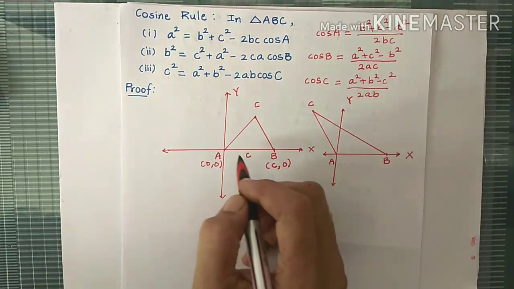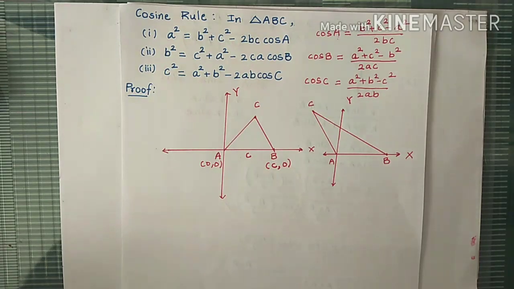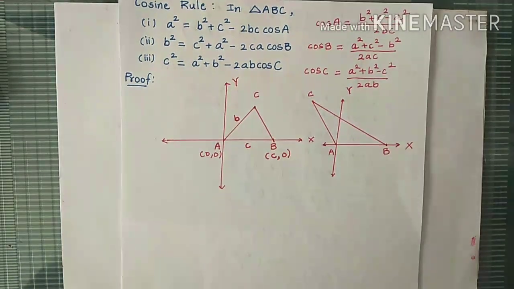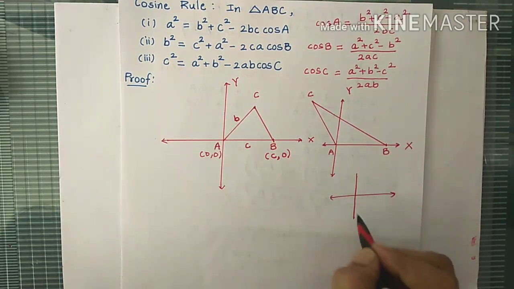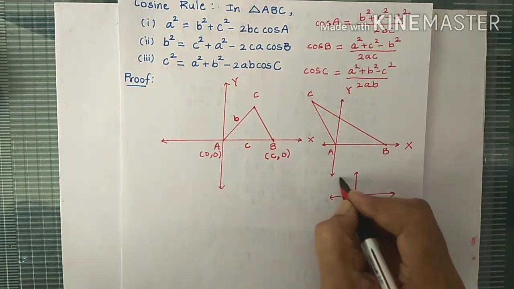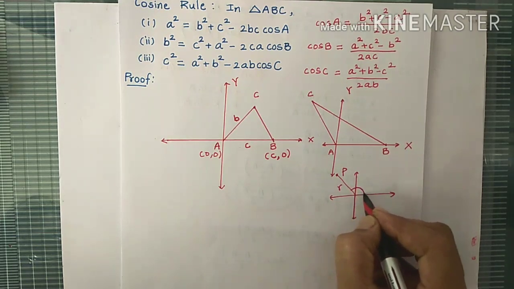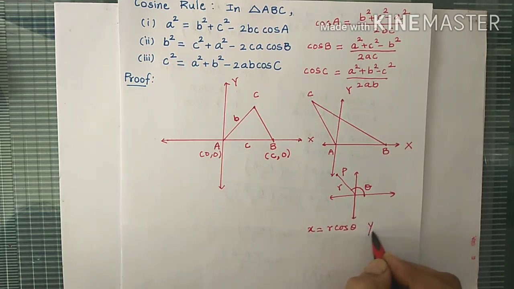Now here angle A is in standard position, so we can use polar coordinates. Length AC is b. So let's use polar coordinates. What are polar coordinates? If we have length OP equal to r, and this angle is theta, then x is equal to r cos theta and y is equal to r sin theta.